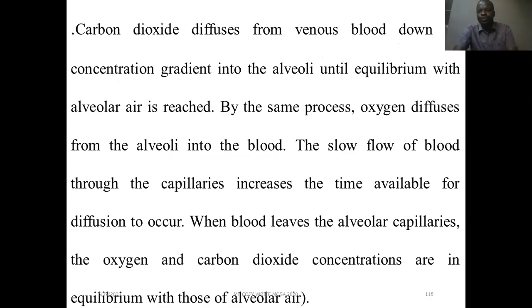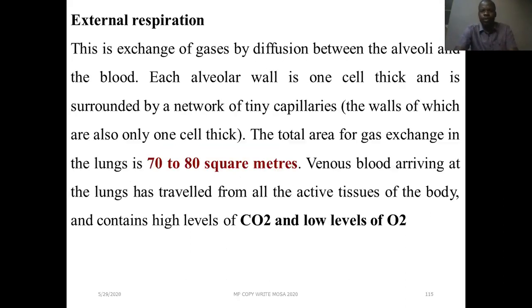So you find that carbon dioxide, we all know, is found in the veins where the concentration of oxygen is low.